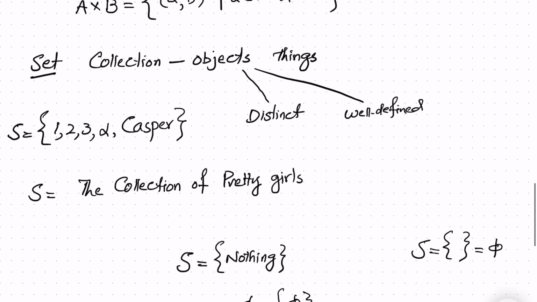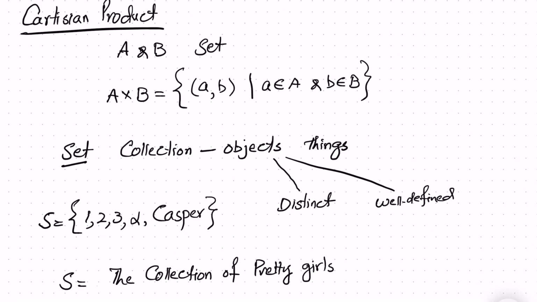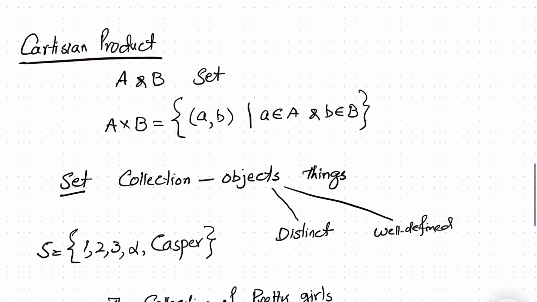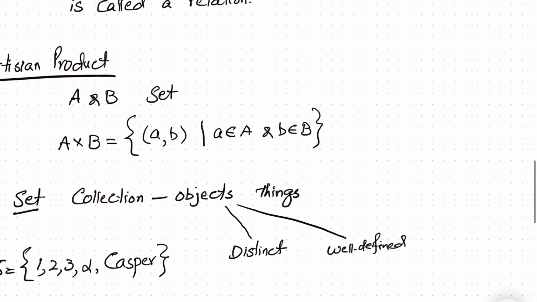Now we go back, since we now know what a set is, we look for the Cartesian product. And we see that the Cartesian product is the product of two sets where everything is distinct and well defined. And when you multiply two sets, you get an ordered pair, which is AB.